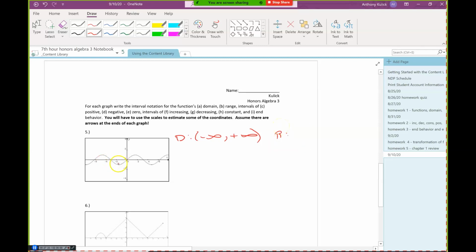If I find the lowest point on my graph, well, there's a bunch of lowest points, but they all look like they line up at -1. And the highest points, well, there's a bunch of those, but they all look like they line up at +1. You guys agree with that? So my range would just be -1 to +1.